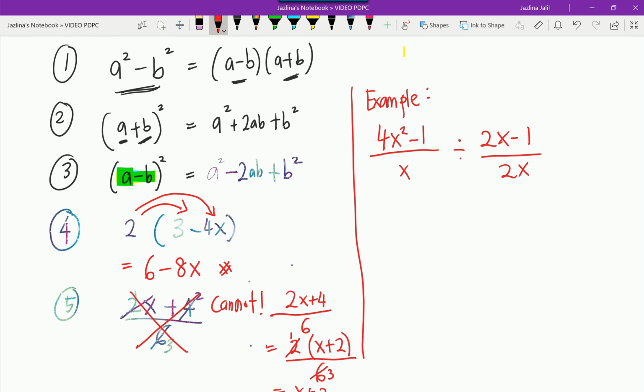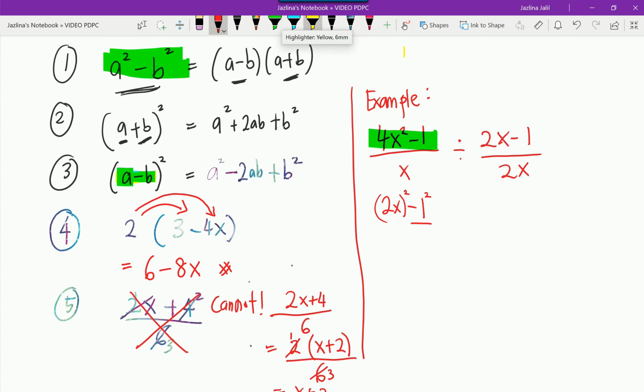For this case, this one is very famous. So this one will actually be (2x) square minus 1 square, just like the example in number 1.